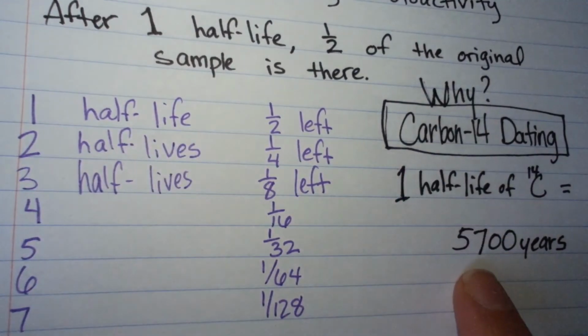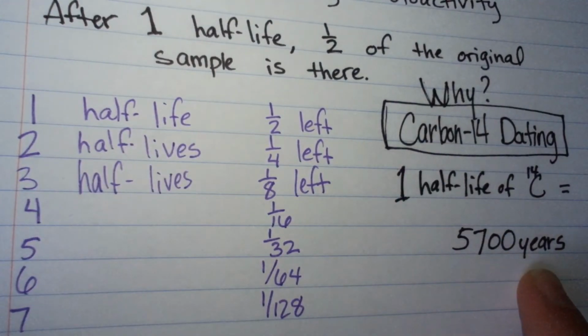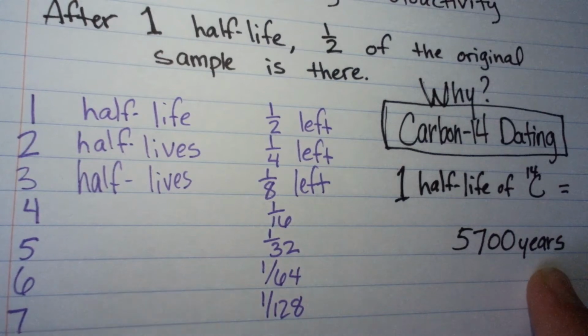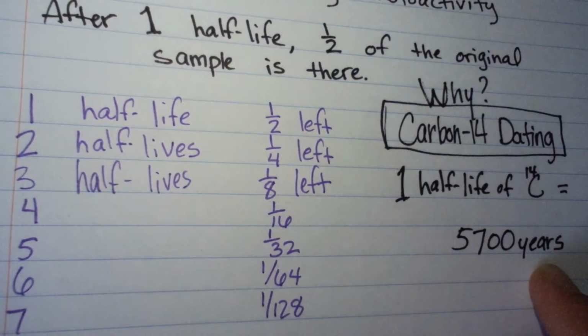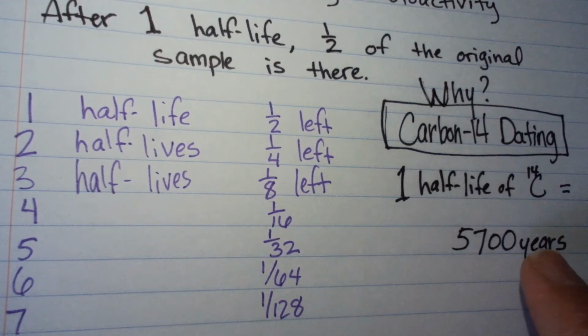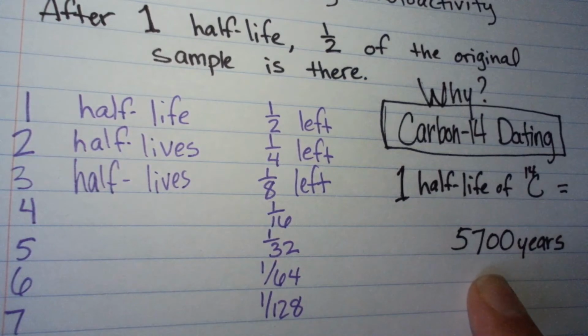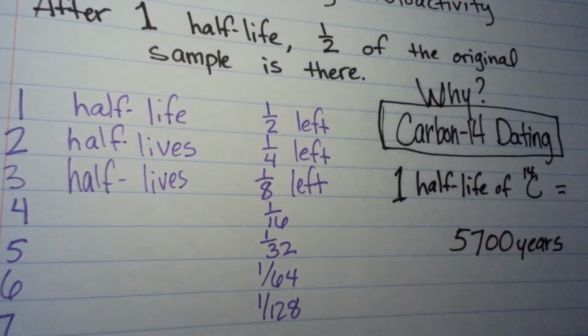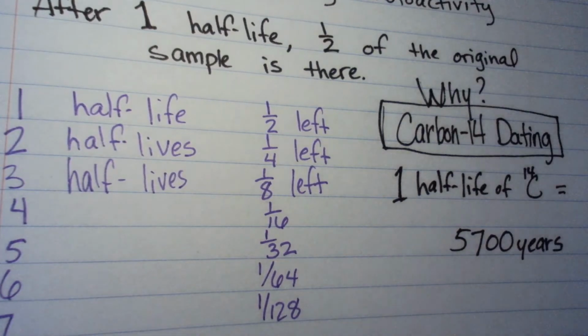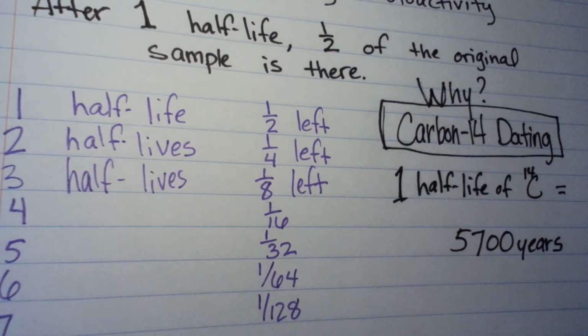Why does it take 5,700 years for half of the carbon-14 to decay? Well, hopefully, in the simulation that we're going to do next, it will make a lot more sense. The simulats we're going to use are going to be atoms of this carbon or atoms of any other thing that might be radioactive.